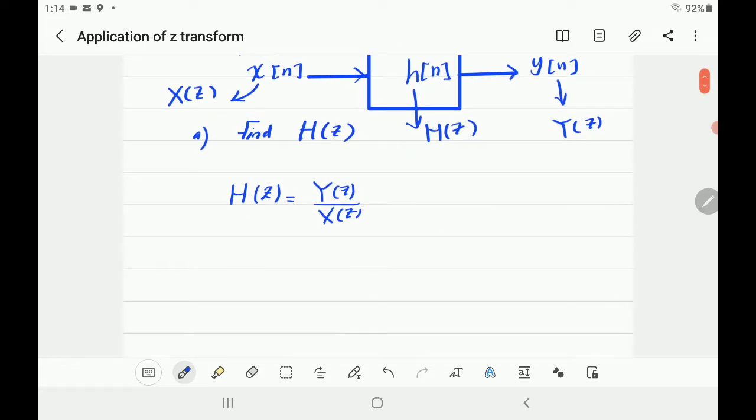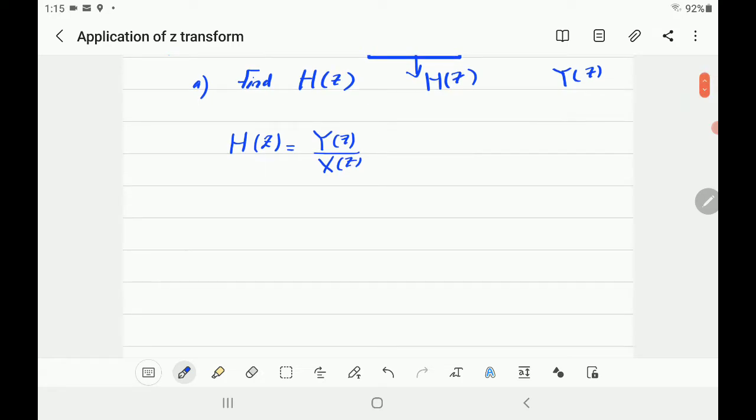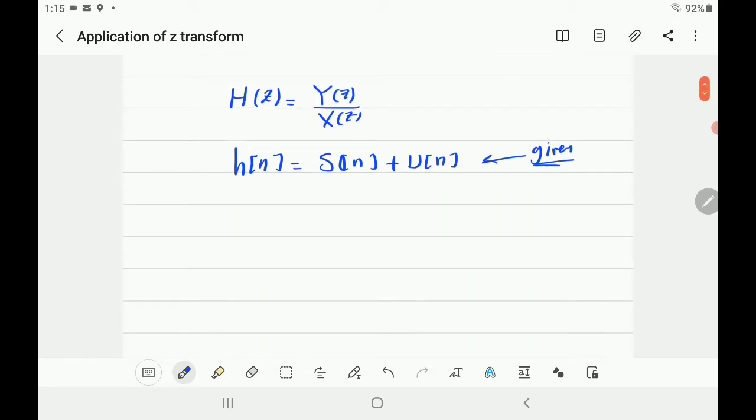That's h of z. But if it's given h of n, and in this problem it is given, if it's given like this form, for example, that's given in the problem. And we want to find h of z, so that will be an easy task. All what we're supposed to do is find the z-transform of h of n.